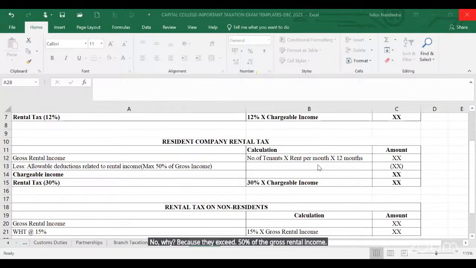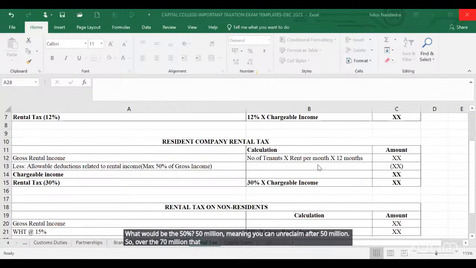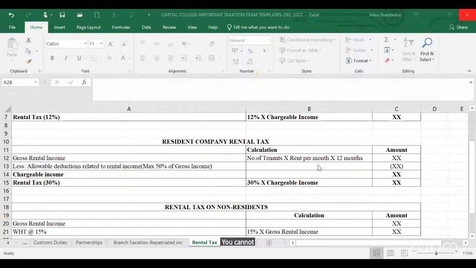What would be the 50%? 50 million, meaning you can only claim up to 50 million. So of the 70 million that you incurred, you can only claim up to 50 million and you lose the 20 million as expenses.